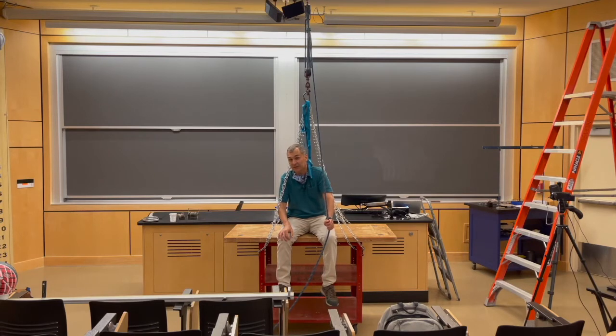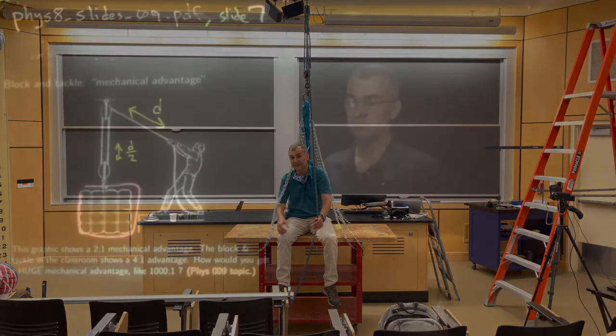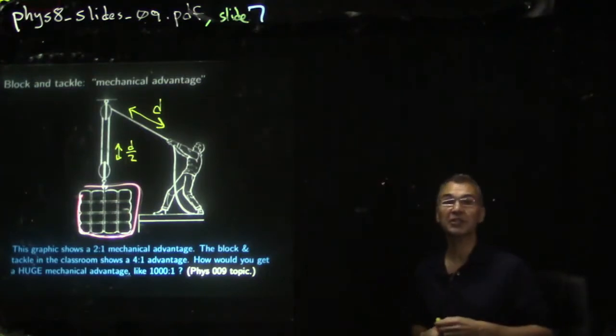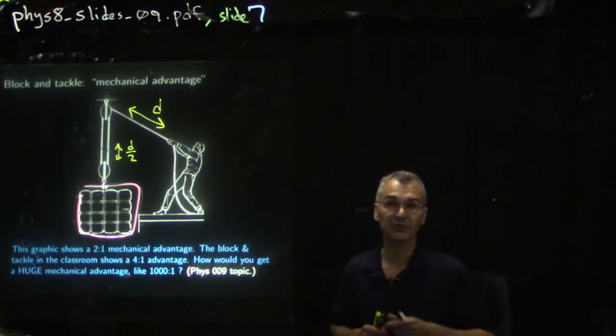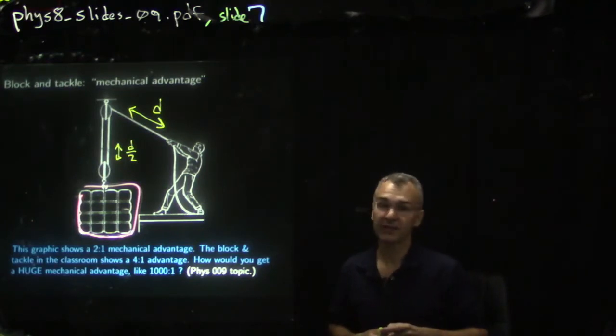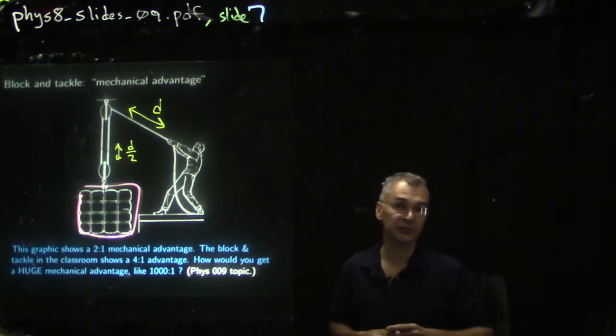You could think for a minute, what would you do if you wanted like 100-to-1 or 1,000-to-1 mechanical advantage? And I'll show you in a moment one way you could do that. You might wonder how you can get a really huge mechanical advantage. One way is to use some system of interconnected gears. Another way, with a big gear ratio, which is kind of what you do with your bicycle.